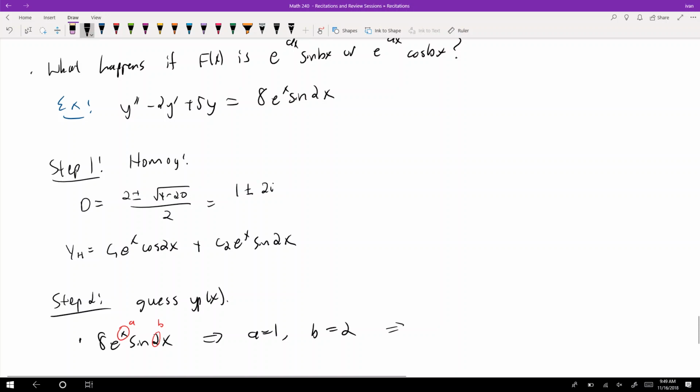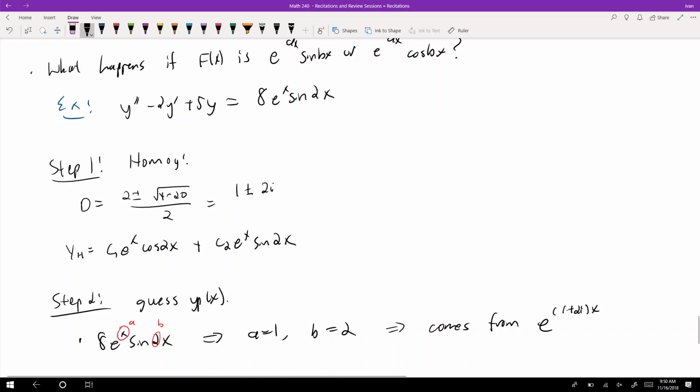So this means that it comes from e to the 1 plus 2ix. Because remember, last week we broke down e to the a plus bix into a sine and a cosine term. So now we're going backwards: we're going from our sine and cosine terms back to this e term.